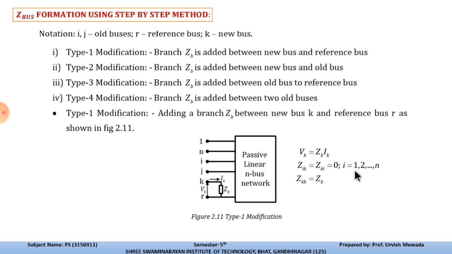Where I is equal to 1 to n, if we have n buses in the system, we can determine the impedance of any given bus or line. So ZKK will be ZB, because the impedance of this portion is ZB, so ZKK is equal to ZBB. And this is the type 1 modification.